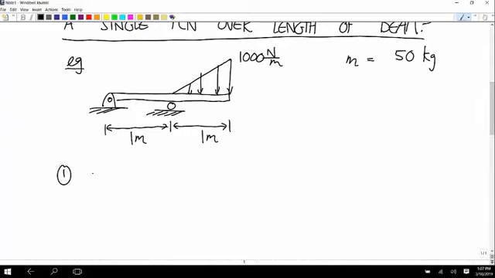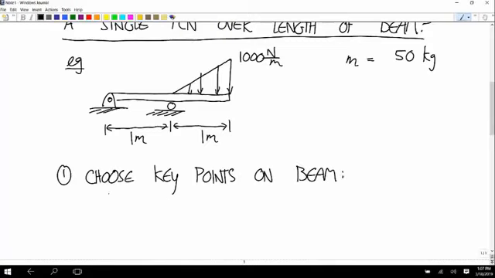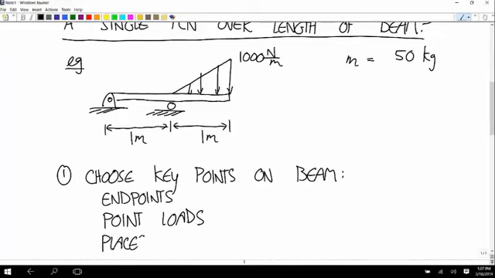Okay, so what we're going to do is first choose the key points along the beam. Those are endpoints, point loads, and places where distributed load functions change.